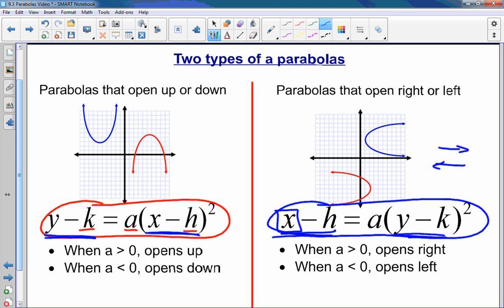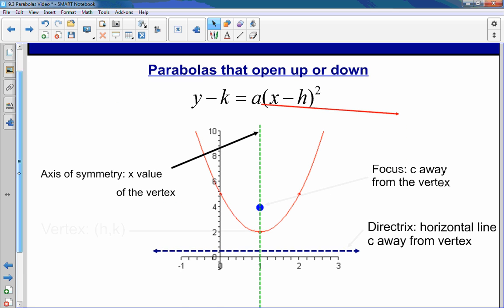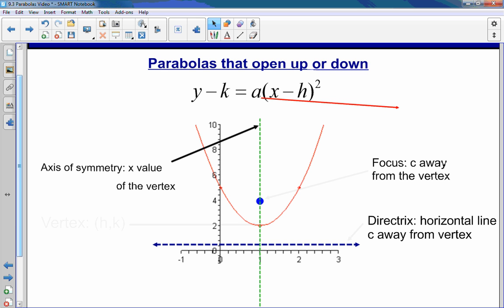So we can always tell that it's a parabola that opens right or left because x equals is by itself. While before they opened up or down, and the y value tells us to go up or down. So it's going to be y is equal to. So this is a new equation, but it has very similar characteristics as the one we talked about in chapter 7.